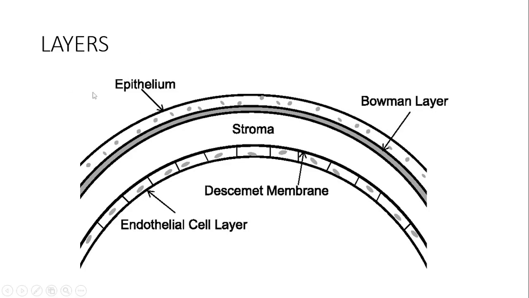Now, let's focus our attention on Bowman's layer. For your information, among all the 5 layers that the cornea has, only 2 layers can regenerate once damaged.